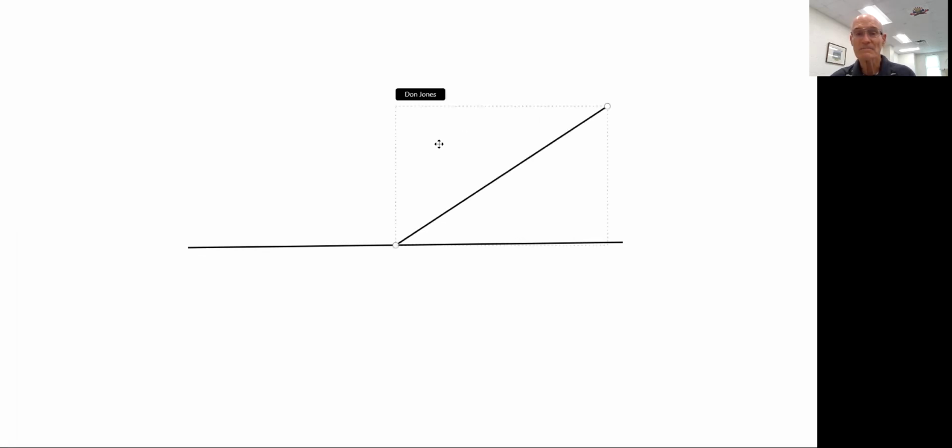So if I draw a straight line here, all lines are straight, and then I come into the middle somewhere, I can draw a line up like this, and then another line which would be straight up.